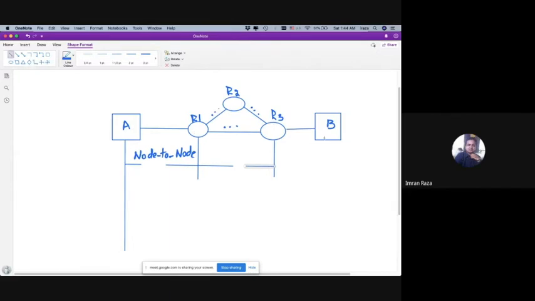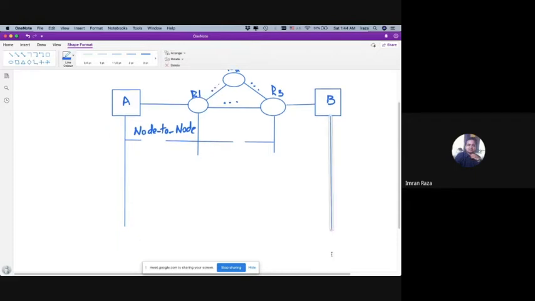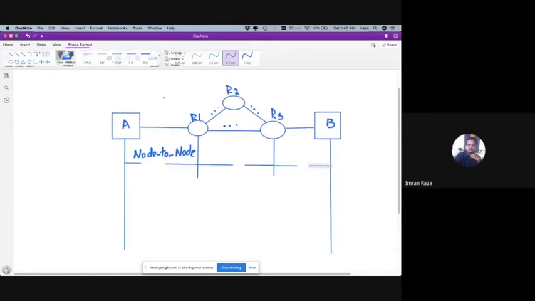And also on the other side, this router R3 is connected with the destination machine, say B, and this connectivity between R3, router 3, and B is also node-to-node connectivity. So this is the general symbol, or notation, that we use for router.